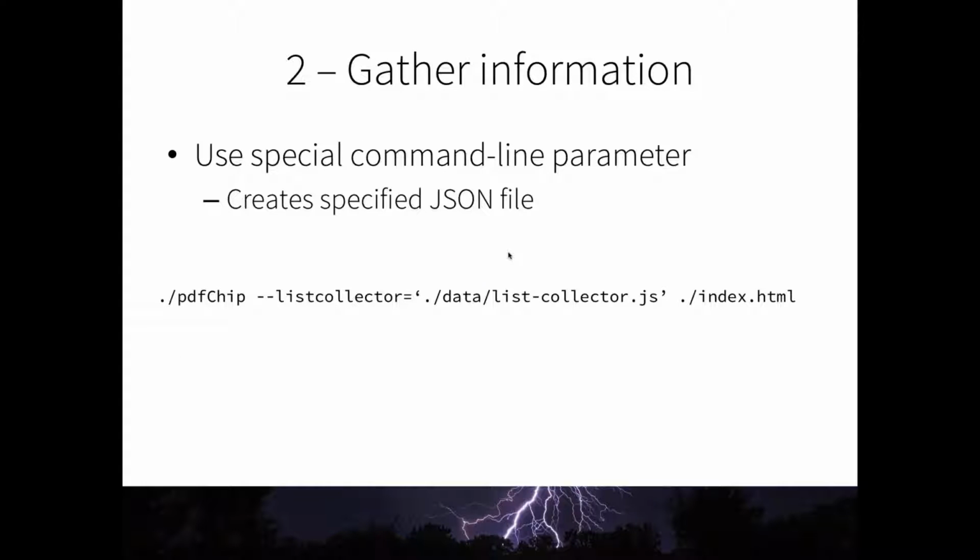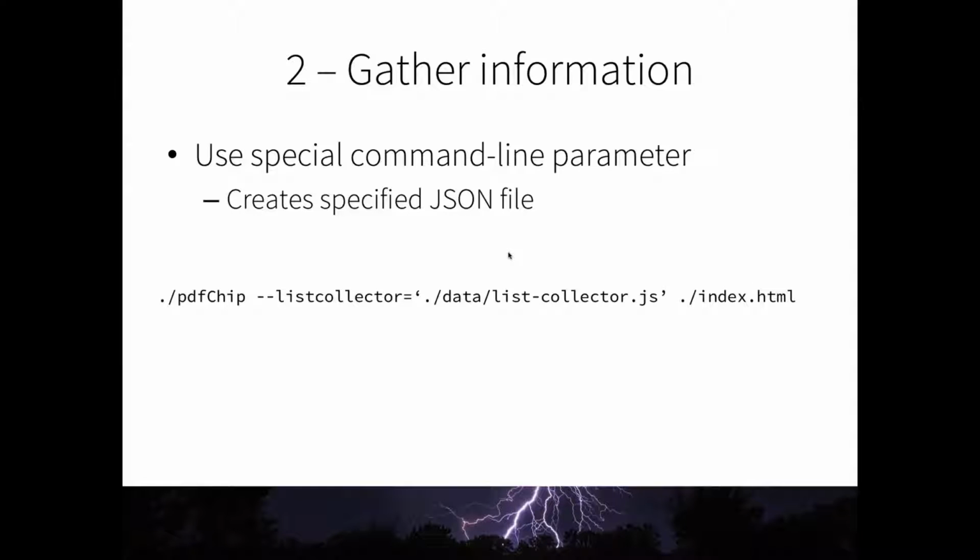That's one. Secondly, you need to tell pdfChip that you are doing this and that you want it to remember information for those elements that you tagged in the CSS file. The way to do that is, again, with a specific command line parameter. In this case, it's called --list-collector.